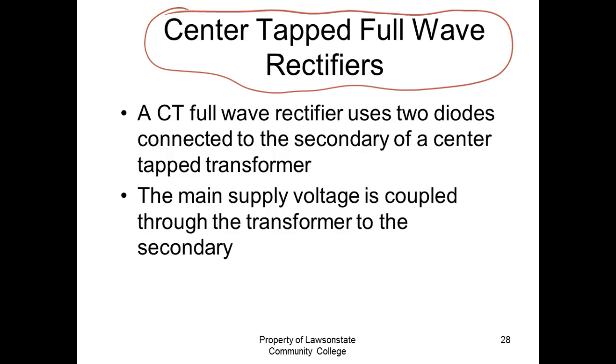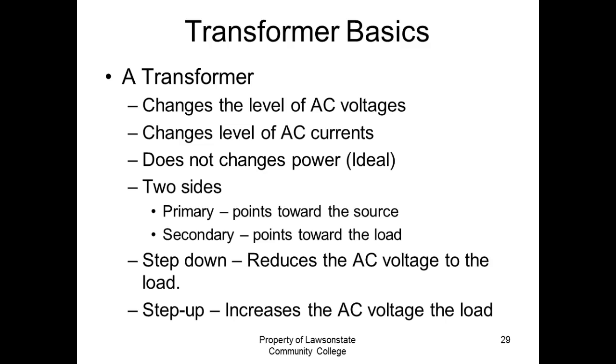The center tap full wave rectifier uses 2 diodes connected to the secondary of a center tap transformer. This only works with a center tap transformer. The main supply voltage is coupled through transformers to the secondary, of course. A transformer, of course, we know changes the level of AC voltages. It doesn't change power, it changes voltages, which causes it to change the level of AC current.